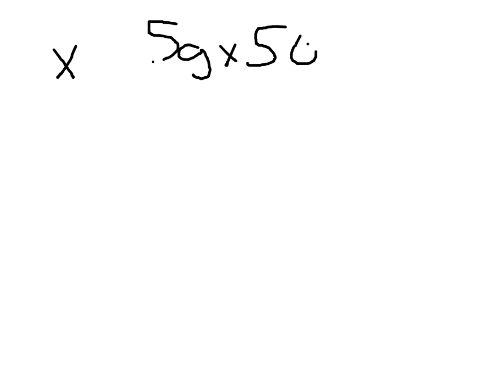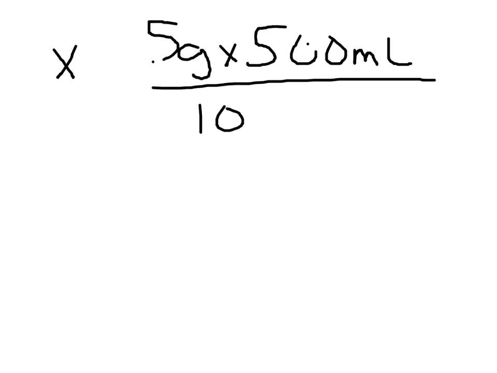And you're going to cross multiply. So when you do that, when you cross multiply, it's going to be 5 grams times 500 milliliters over 1,000 milliliters, right? Okay. So 5 times 500 is what?